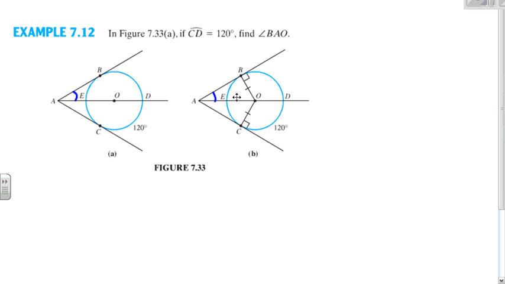And therefore we have a right angle with the hypotenuse and a leg congruent. So we do have congruent triangles, which means BAO and CAO are congruent angles.